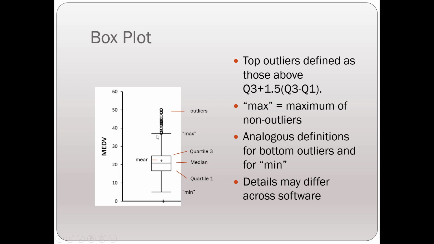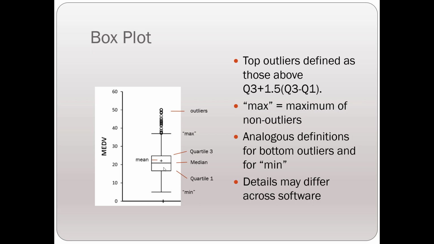But if the whiskers are longer on one side, then you know that it is skewed on that side. And again, if the box is divided not equally, and if the mean is shifted from the median, then you know that there is a skew in the data. If the skew is marginal, then it's okay.